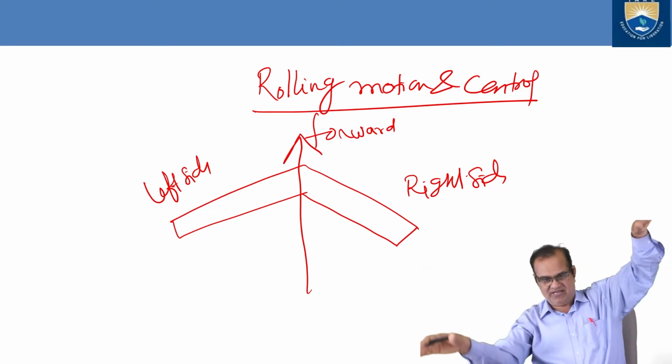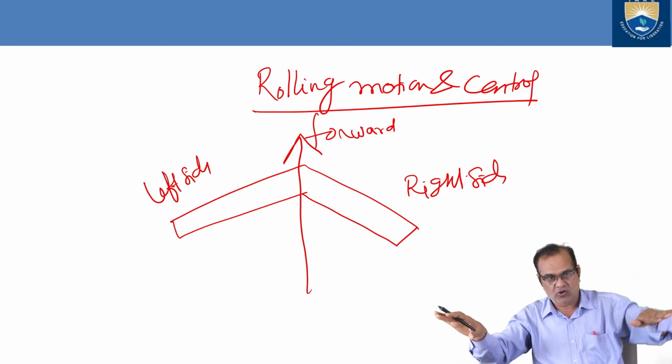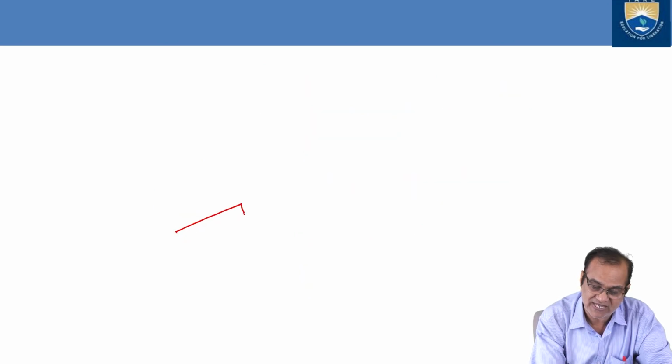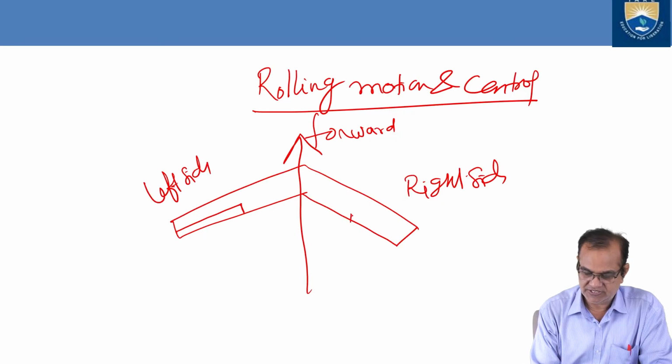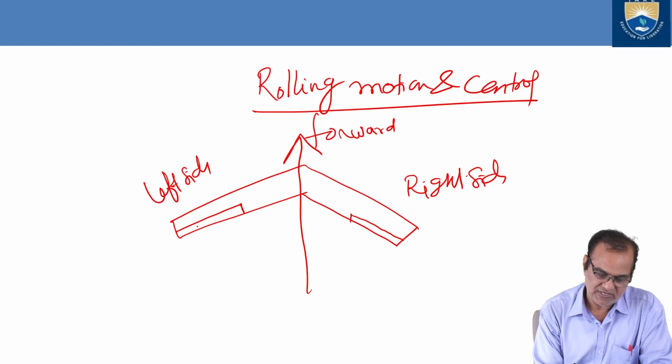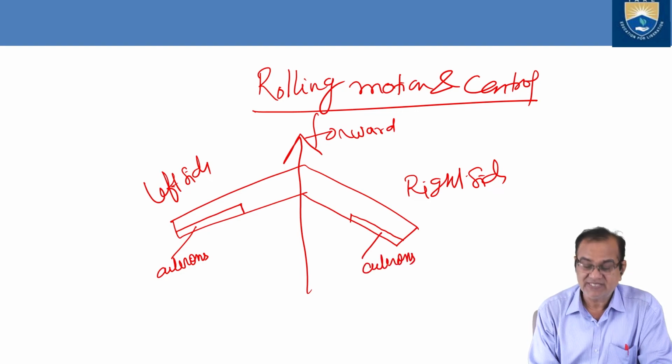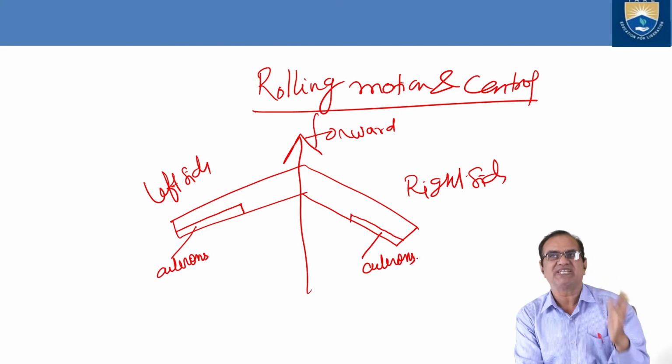I want to make the right wing down, rolling right down. So here we have the ailerons. These are the ailerons. These are also ailerons. And these ailerons always move in opposite directions.